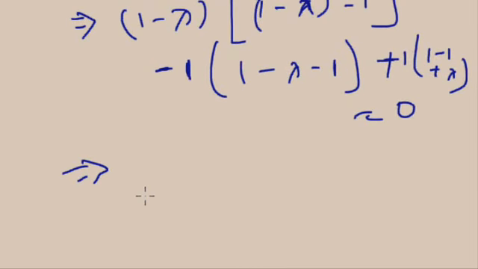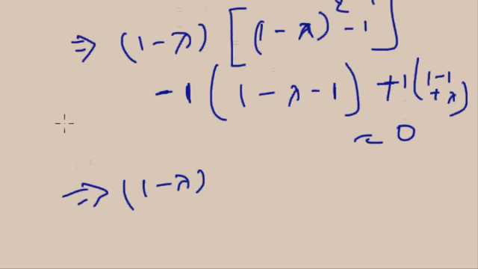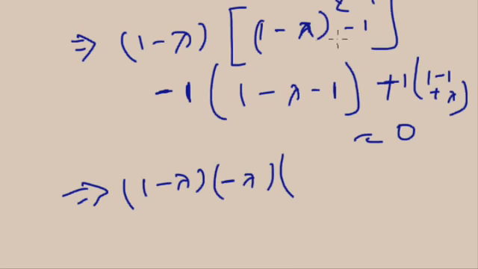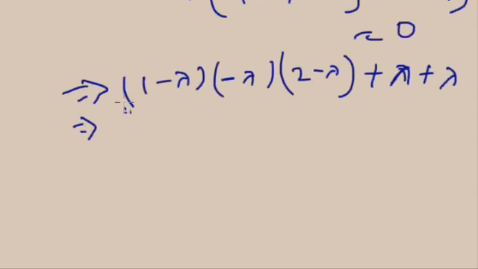So you will get 1 minus lambda as common, 1 minus lambda into, using the rule a square minus b square, 1 minus lambda minus 1 means minus lambda, into 1 minus lambda plus 1 means 2 minus lambda. And here 1 minus 1 is 0, and minus lambda into minus 1 is plus lambda, and 1 minus 1 is 0 plus lambda. So what is the meaning of this?